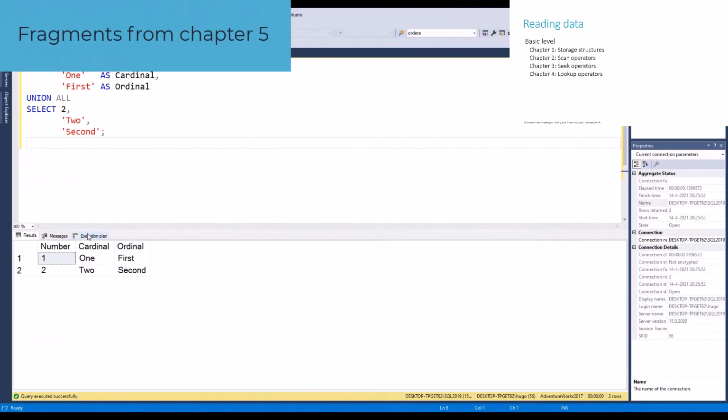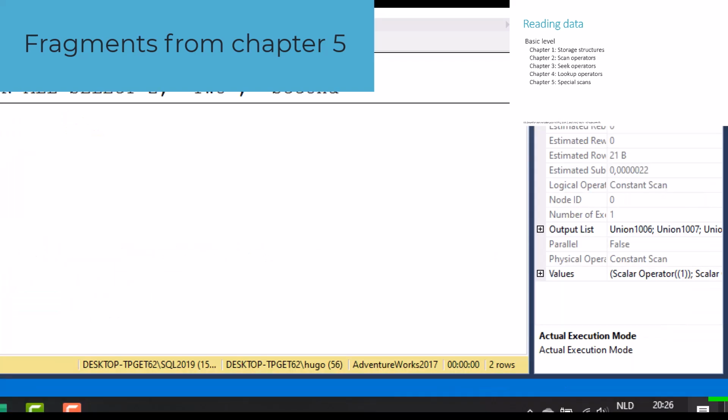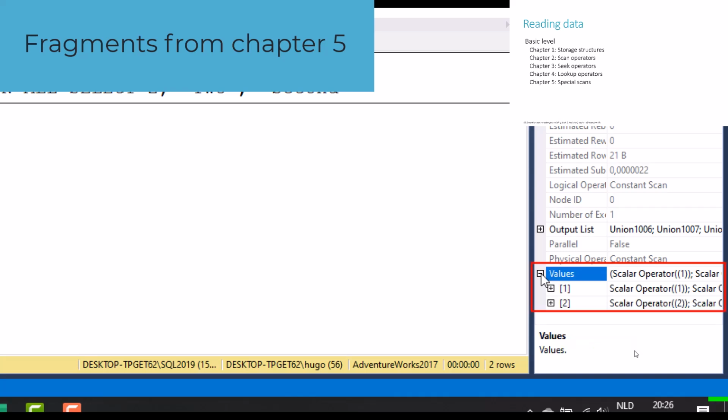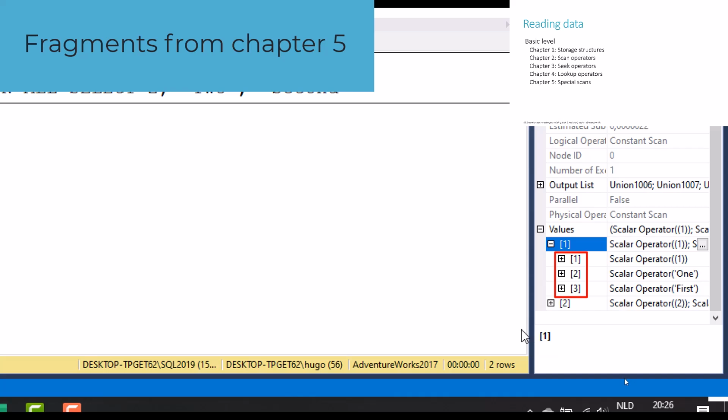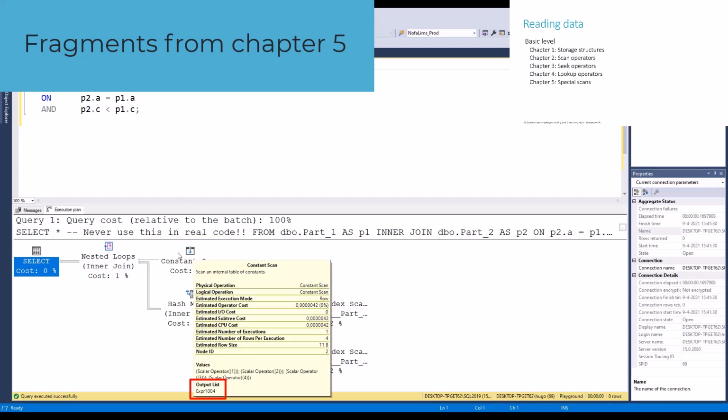The final chapter covers a few special scan operators. The constant scan is the only scan operator that does not read its data from an external source. Instead, all the data it will return is hard-coded in the execution plan. This is typically used when queries contain hard-coded data.